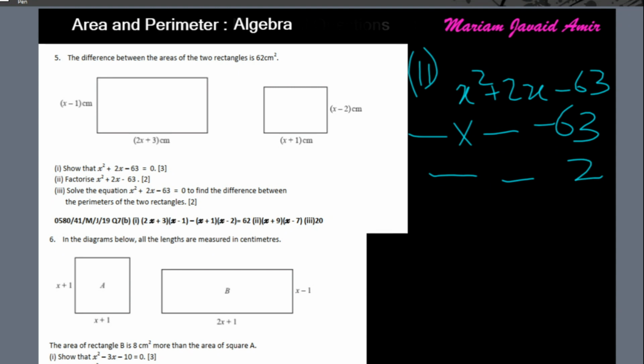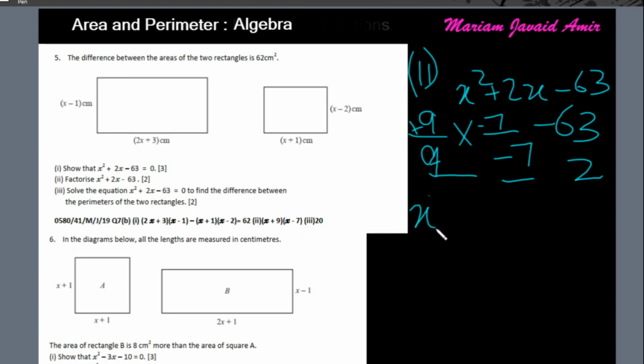So let's try 7 and 9. 9 times minus 7 is minus 63, and 9 plus minus 7 is 2. The negative sign should be with the smaller number.